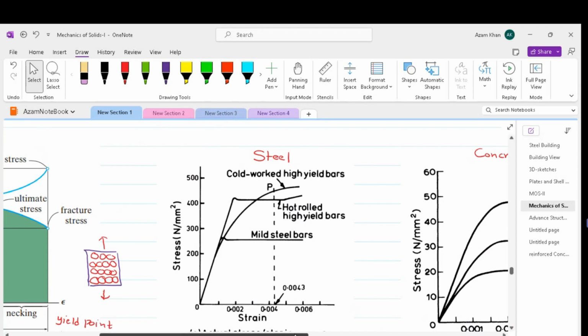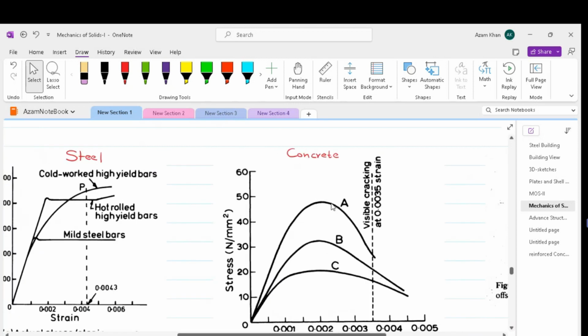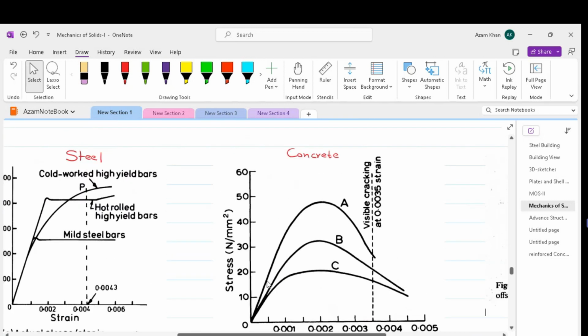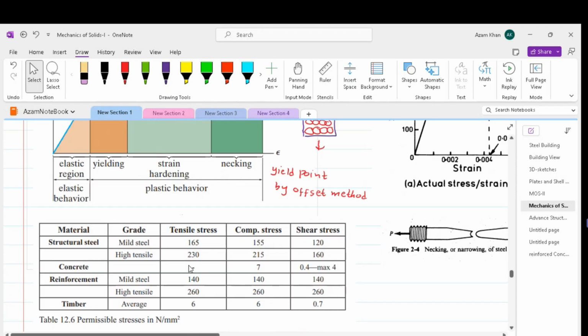This method can be used in the case of concrete also. These are different strengths of concretes and we don't have a well defined yield point. This table tells us the yield strength of different materials such as mild steel has got tensile yield strength of 165 megapascals, compression yield stress of 155.